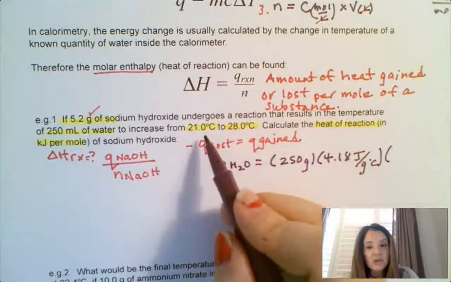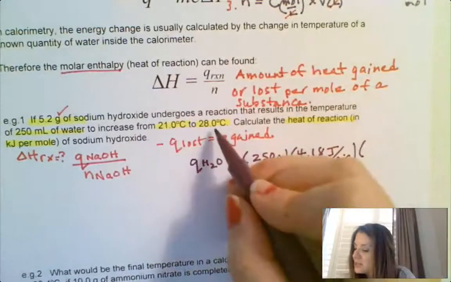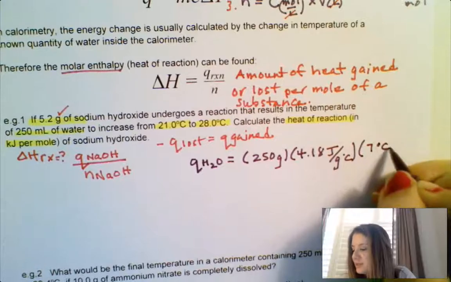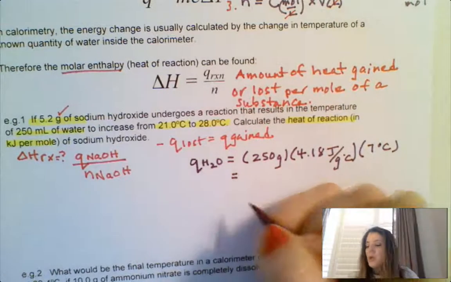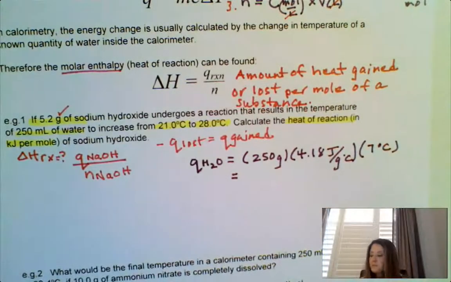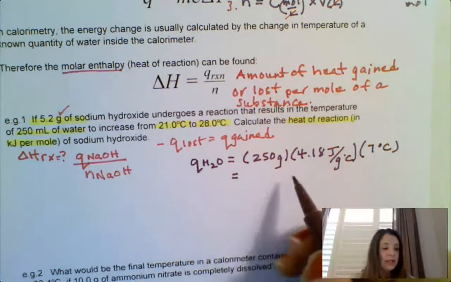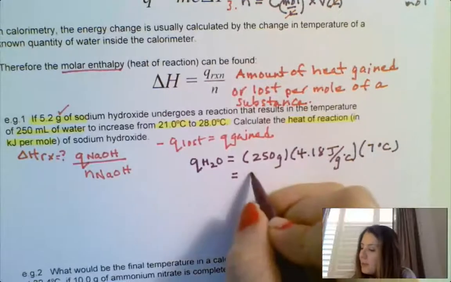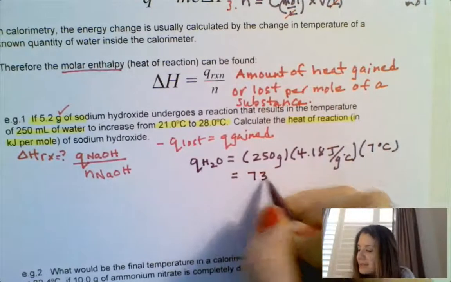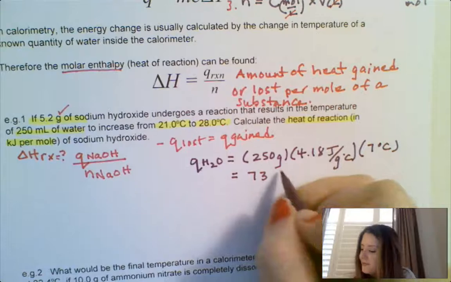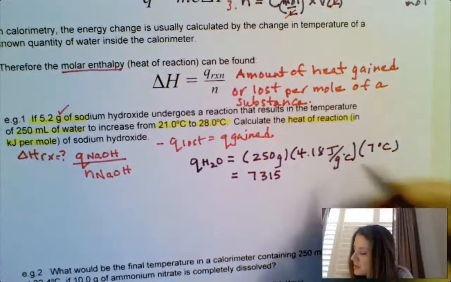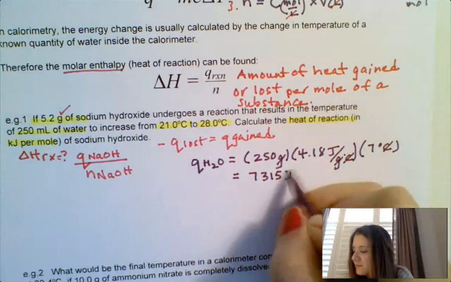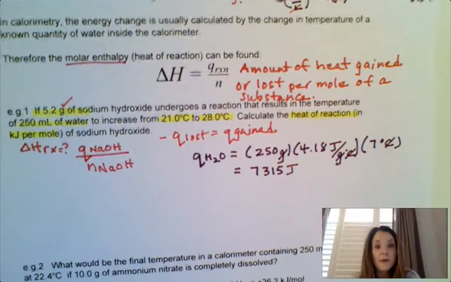Delta T is final minus initial, so 28 degrees, final minus initial, ends up with 7 degrees Celsius. I punch that into my calculator and I get 7,315 joules. Grams cancel out, degrees Celsius cancel out. This is joules of my water.